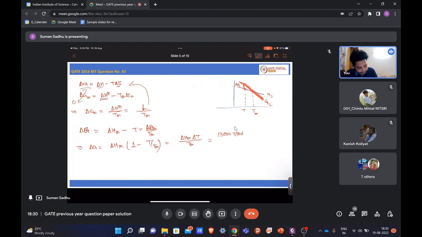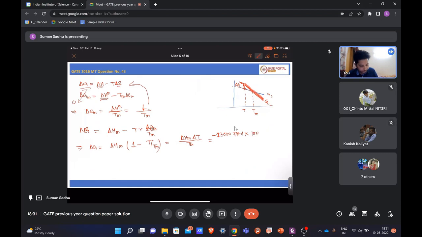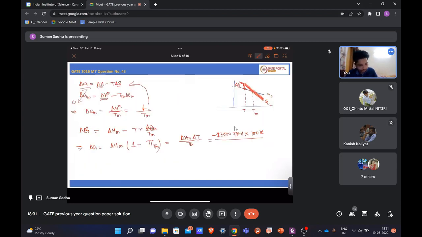Now this will be negative, right? Because while freezing, the latent heat is released. So that will be negative into delta T. What is the delta T? That is the undercooling, which is 100 Kelvin, as given. Now divide by Tm, the melting temperature, which is 1356 Kelvin.